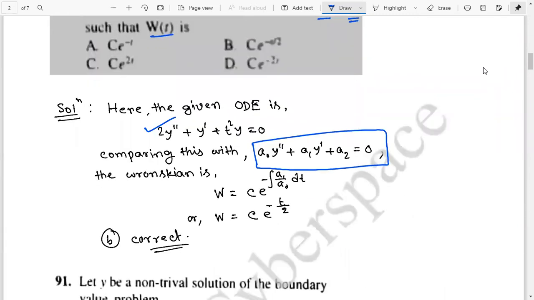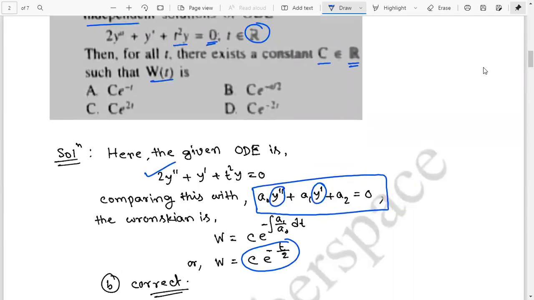We know that the Wronskian W equals c e to the power minus the integral of a1 by a0 dt, where a1 is the coefficient of y' and a0 is the coefficient of y''. We get W equals c e to the power minus t by 2. If you check the options, in option B it is given c e to the power minus t by 2. So option B will be the correct option.